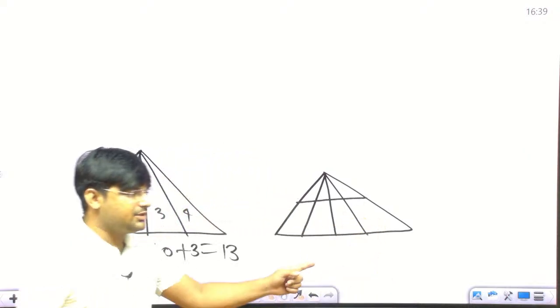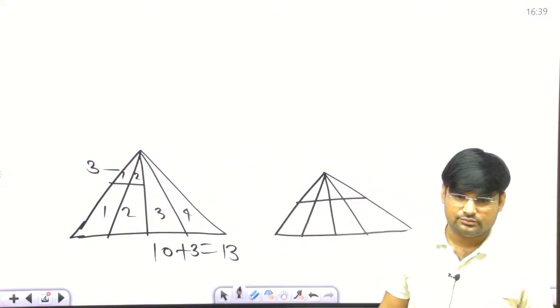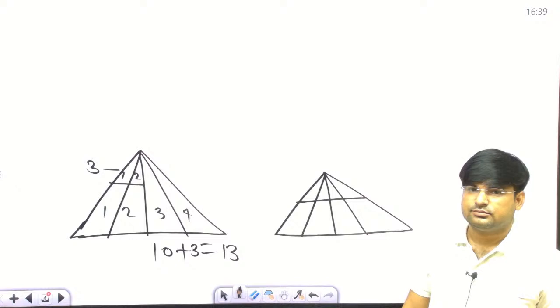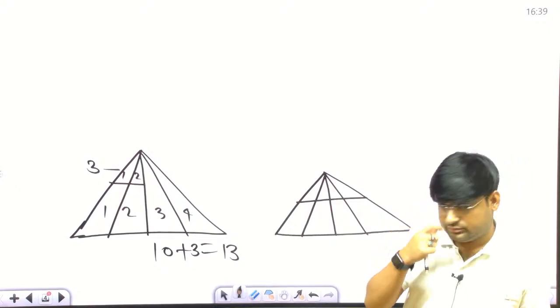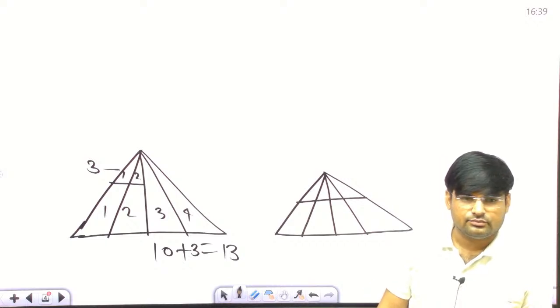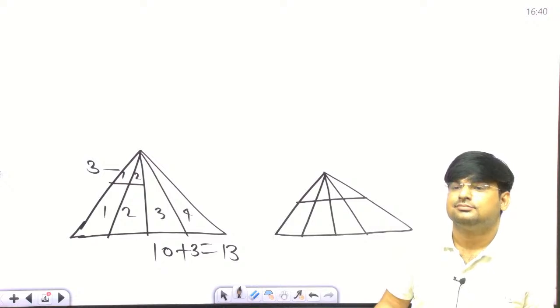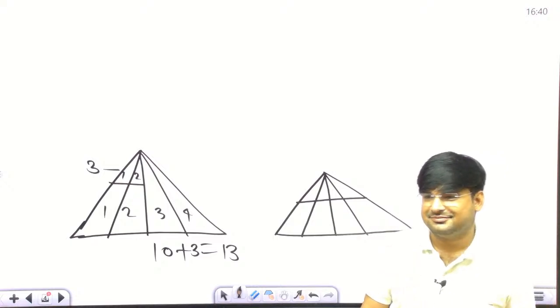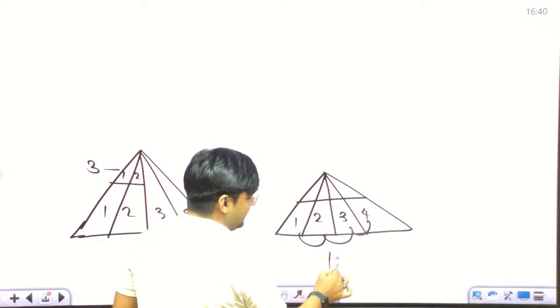How many triangles in this figure? 1, 2, 3, 4. 4 plus 3 plus 2 plus 1, 10.